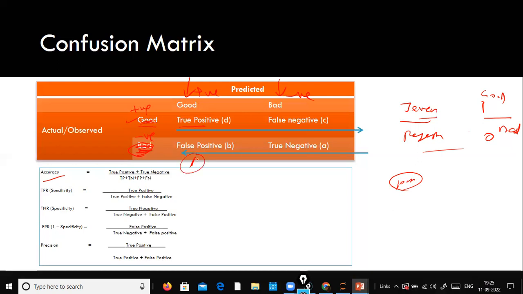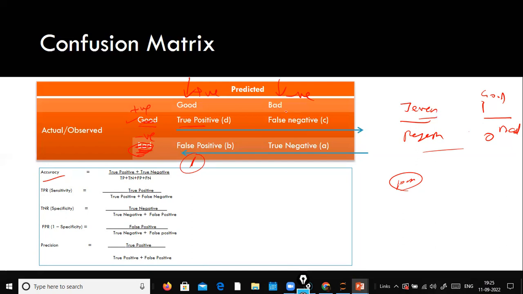So the thing is the sensitivity. I'm talking about the sensitivity. Now the question is, how many false positives can be there? Ideally you should have very few here in the case of bank, because if you approve the loan for a wrong person, you're gone. The bank will become bankrupt.